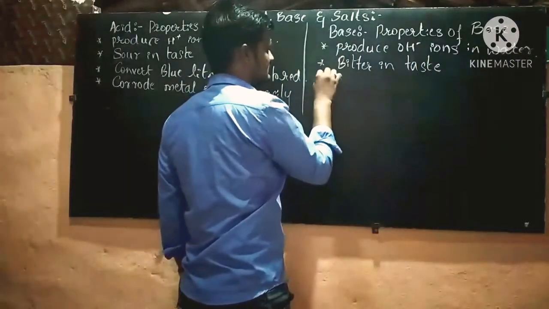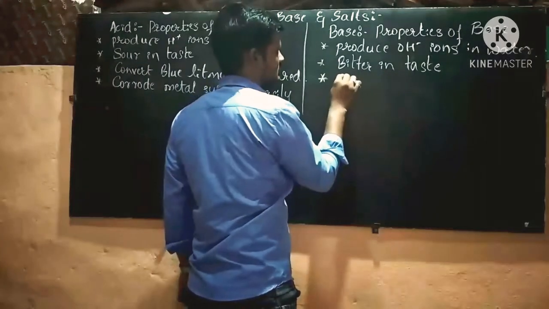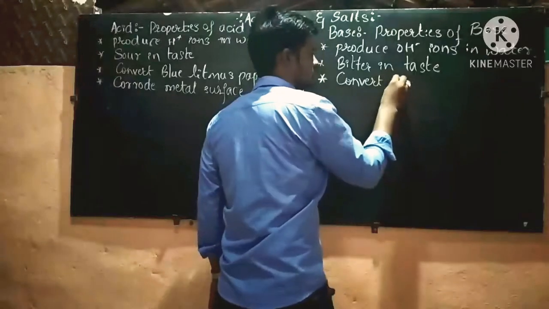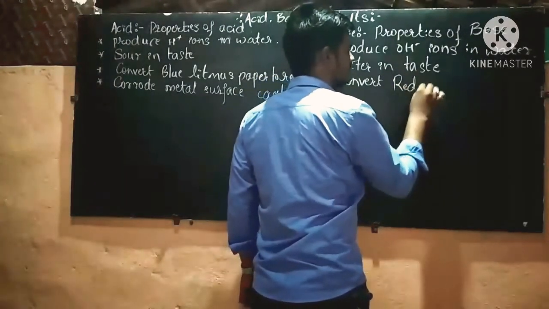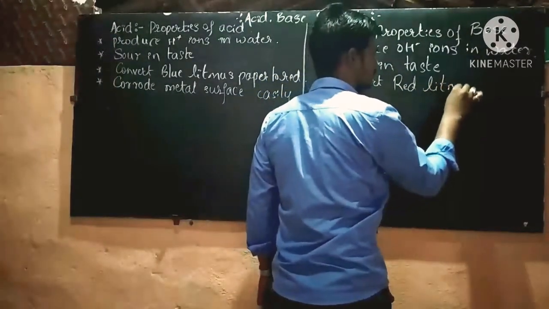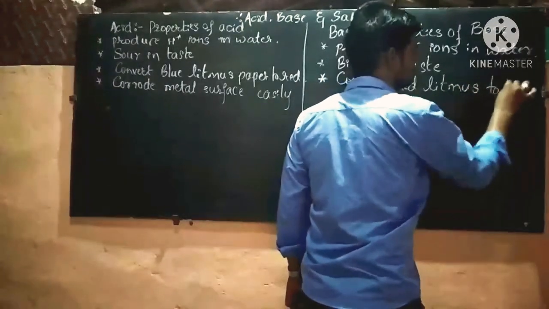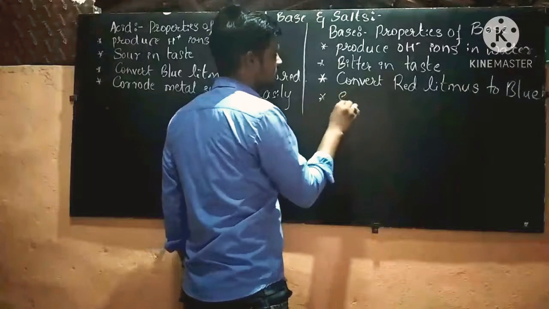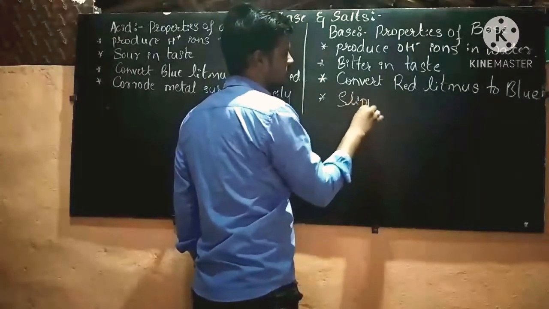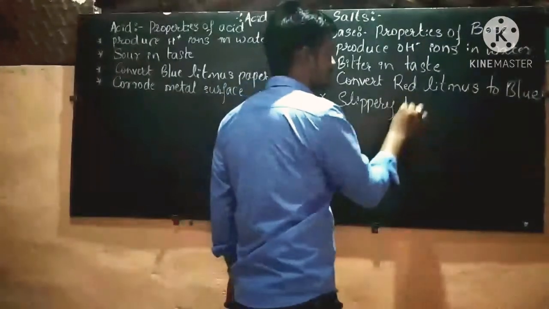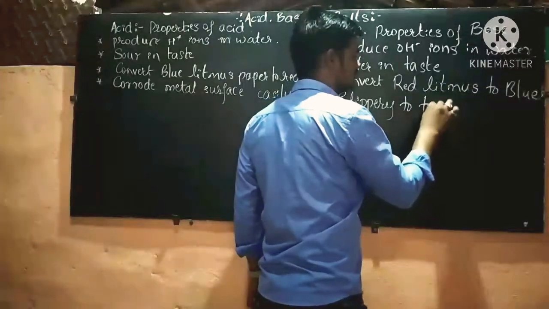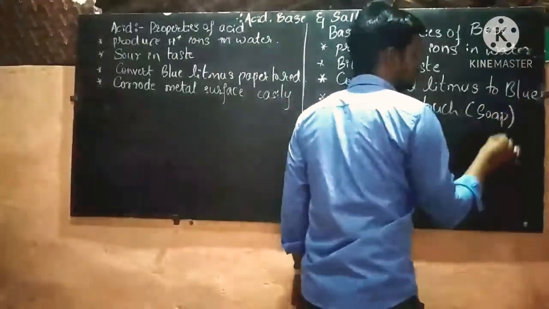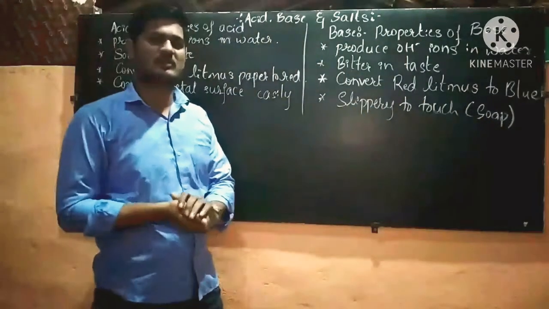Next one is convert to blue. Okay, these are the properties of base.